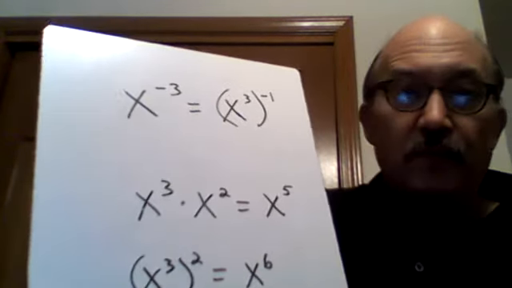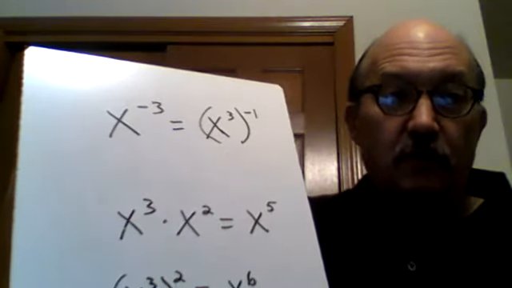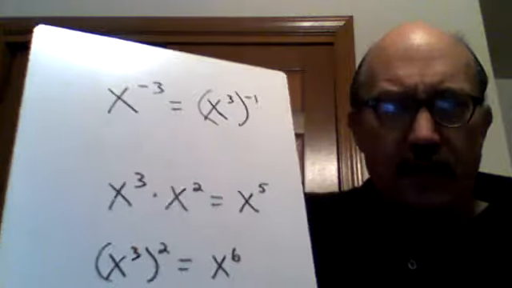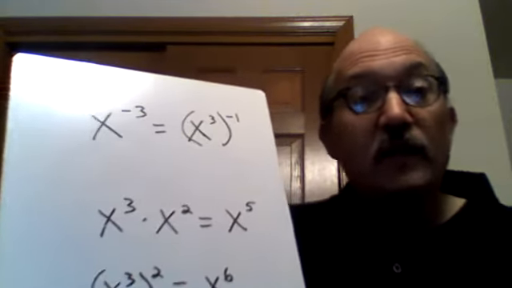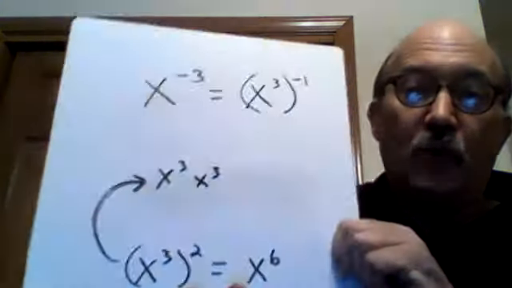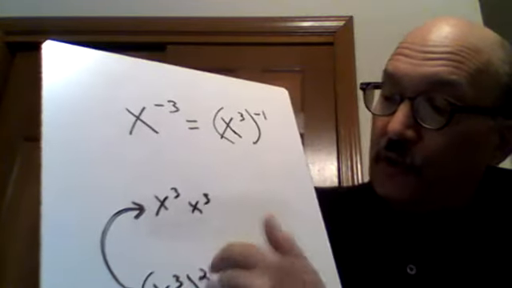But what about this one? This is rule number 2. This is the case where we multiply the exponents. Rule number 2 tells us to do 3 times 2 to get the 6. Is that arbitrary? No. It actually can go back to rule number 1 because x to the third squared, right? What does it mean to square something? Well, it means to multiply it by itself. X to the third squared is x to the third times x to the third.